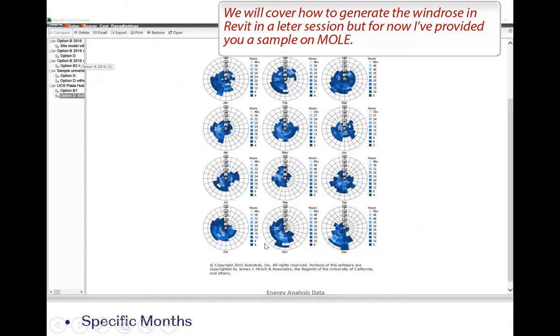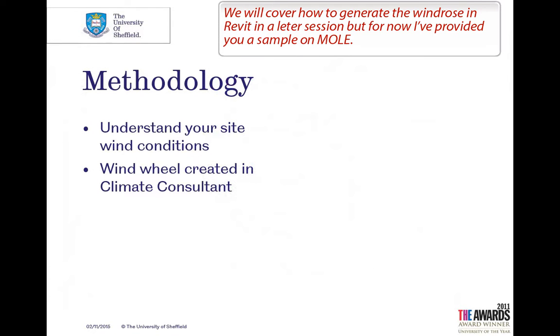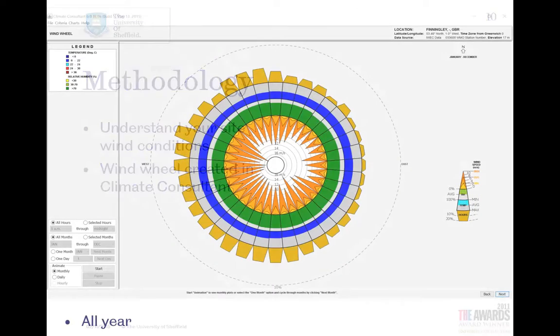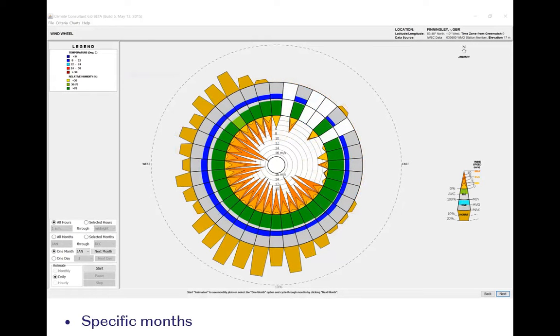Or you may extract that data for specific months of the year. You can also create a wind wheel in Climate Consultant, which is a piece of software that I've demonstrated to some of the students. And that looks like this. So you've got two options there. Both will give you the same results, but it just depends on your preference, really.